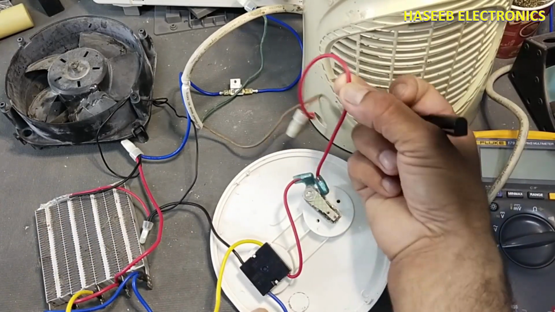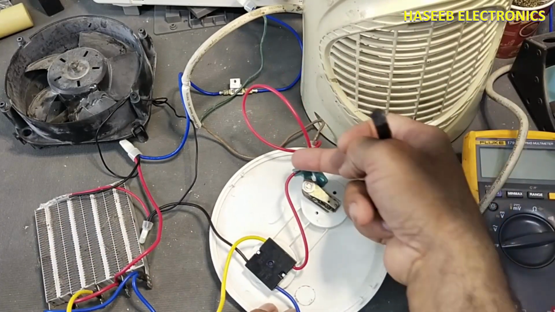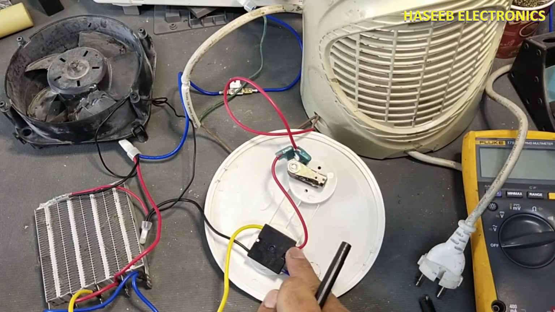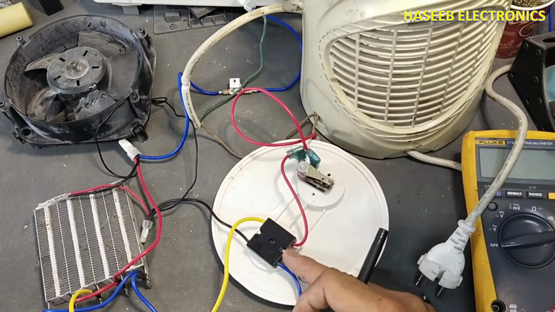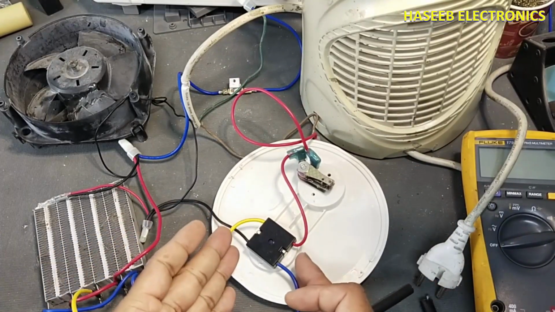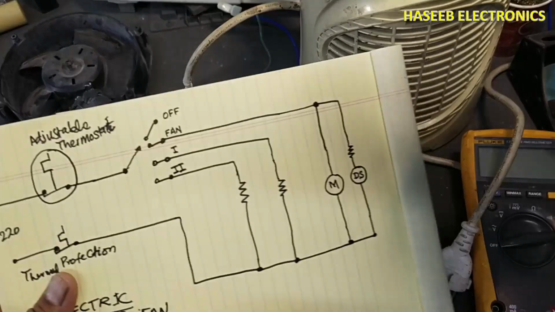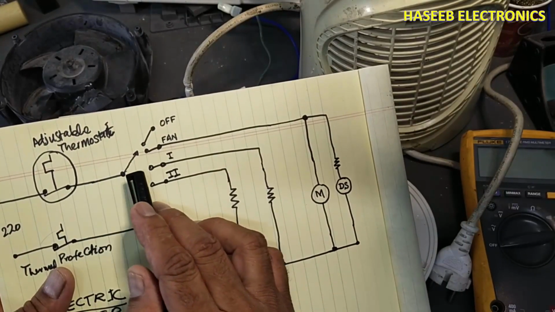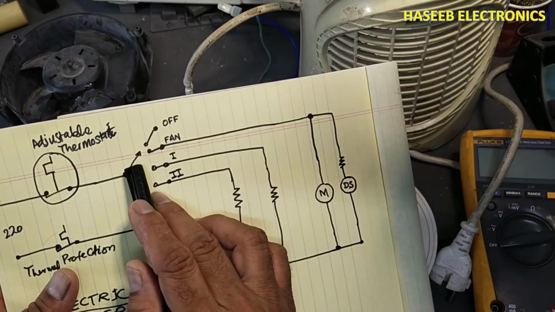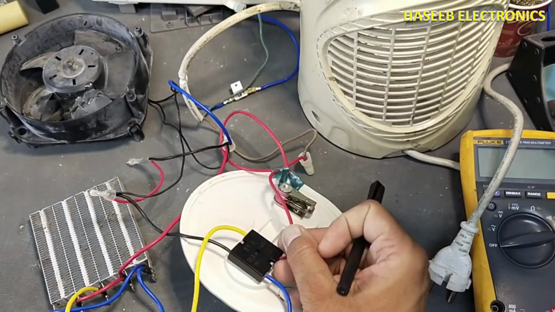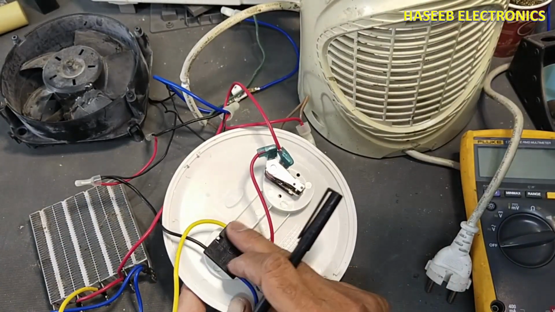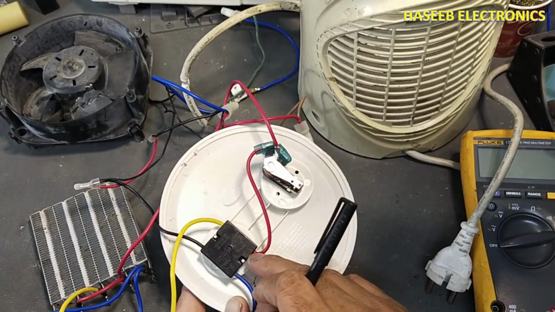So line will enter this thermostat, then it will go to the common pin of this selector switch. So this selector switch is a special selector. After this adjustable thermostat, the line will enter the common wire of this selector switch, that is line.